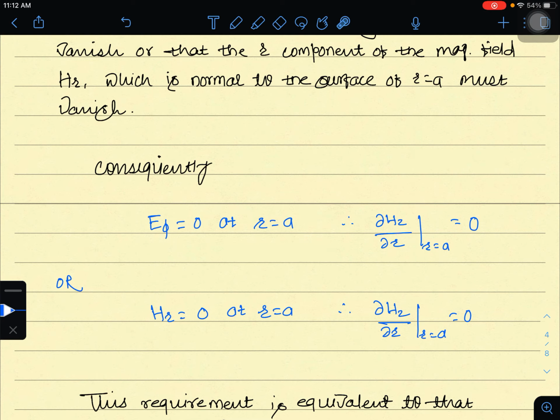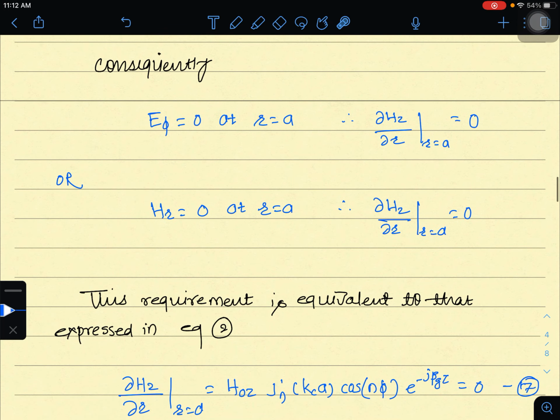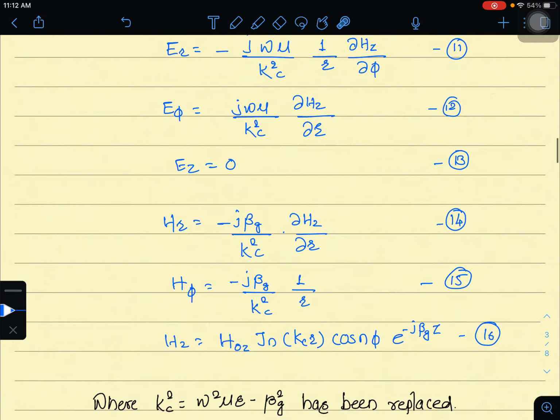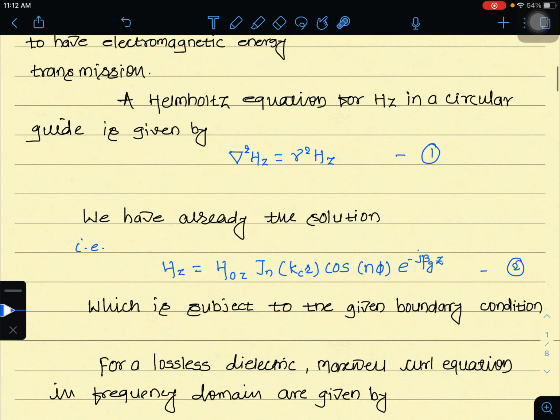Now Eφ is equal to 0 at r equal to a, and Hr is equal to 0 at r equal to a. From these two boundary conditions we require the equivalent expression for the Helmholtz solution equations.